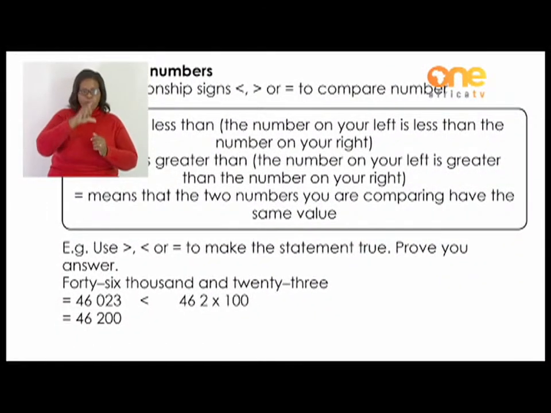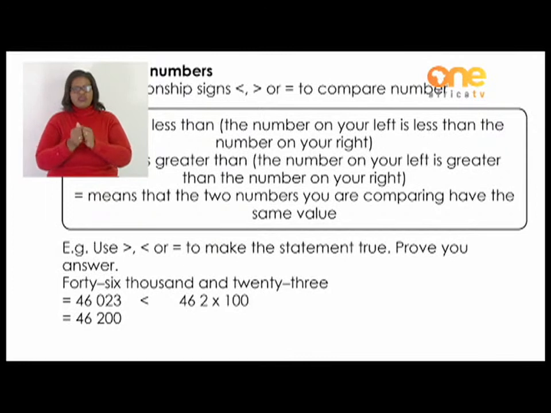For comparing, we have to apply the signs that determine which number is bigger than the other. Those signs are the ones we use to compare numbers. Under comparing numbers, maybe we can just correct that one.